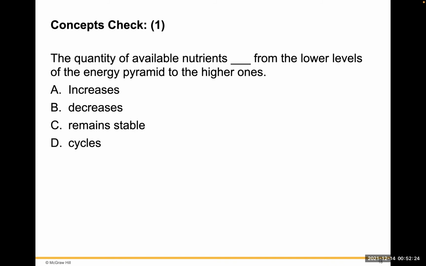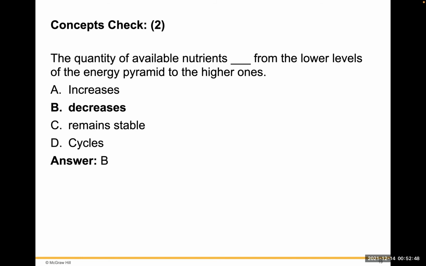They have to decrease because we're using them as it goes up the chain. So the quantity of available nutrients decreases from the lower levels of the energy pyramid to the higher ones.